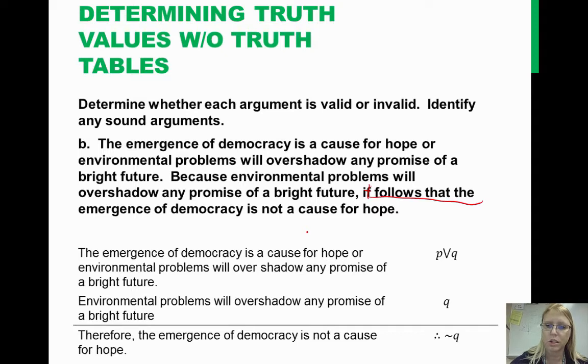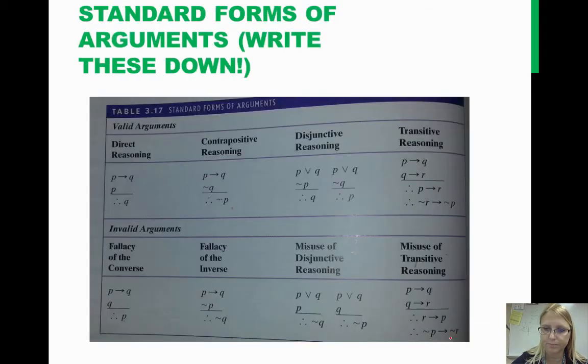That's the conclusion. So here we have it, and it should be not P here. There's a little typo there. Sorry about that. So we need to look in our reference table to see if this is actually a valid argument or not. So we have P or Q, Q, therefore not P. So let's look for that.